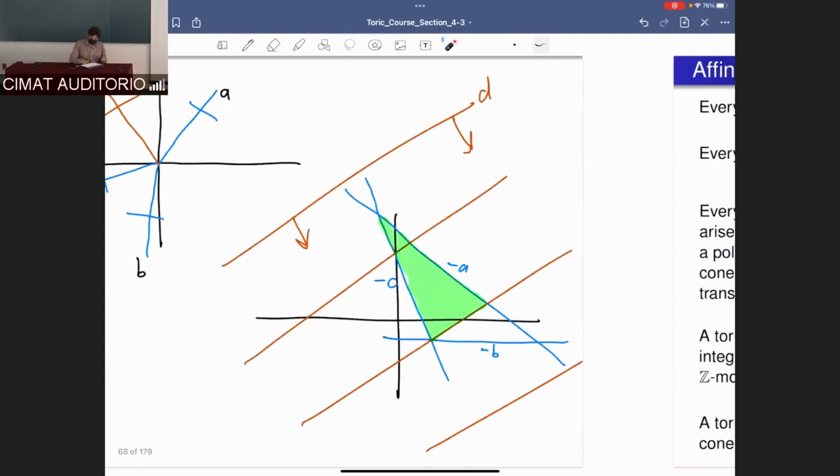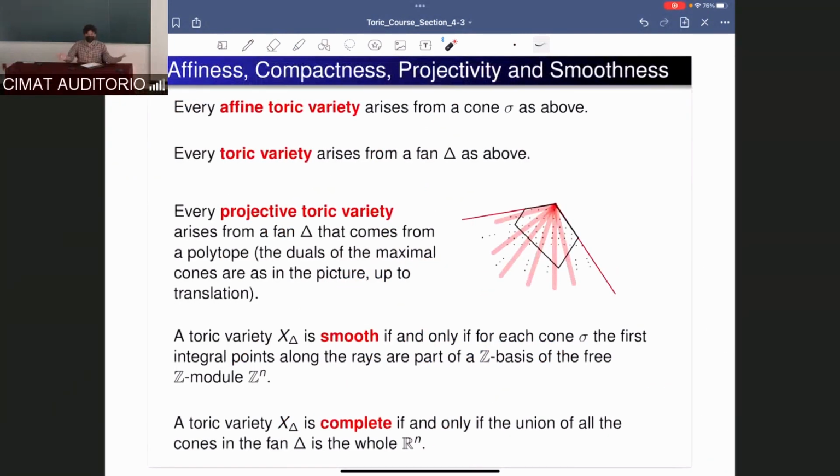Very good. So going back here, what have we said during the past few days? We have said that I'm putting normal as part of the definition of a toric variety. We have learned that affine toric varieties all arise from a cone, as before. All toric varieties arise from a fan, as before.